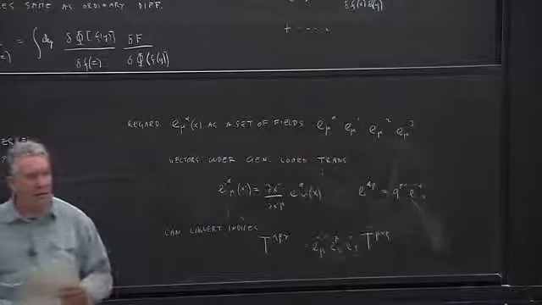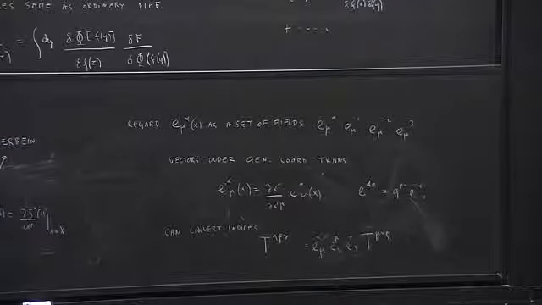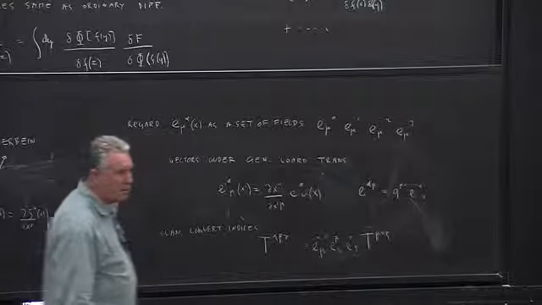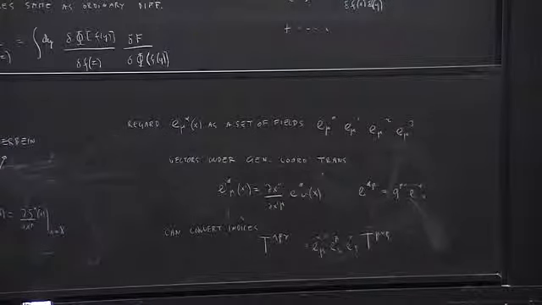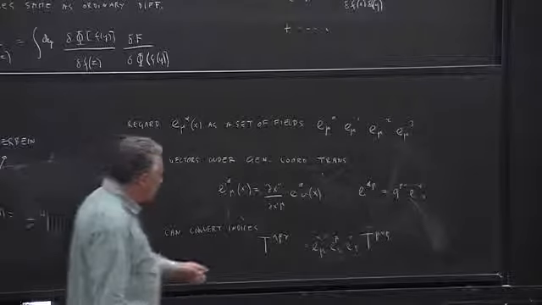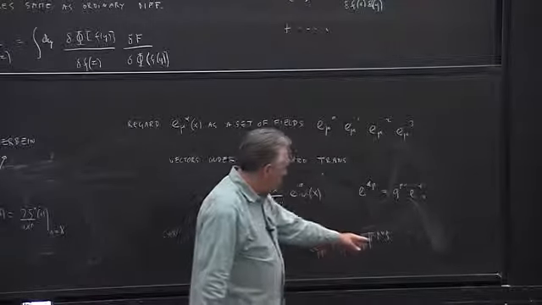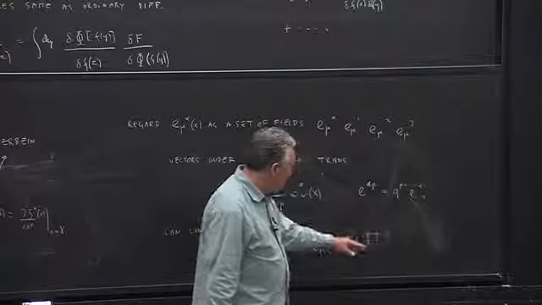So I'm using the beginning of the Greek alphabet, alpha, beta, gamma, and some authors use the Latin alphabet ABC to refer to the Lorentz part of the story, and the middle of the alphabet, mu, nu, rho, to refer to the usual general covariant part of the story. And I can use a Vierbein to convert one of these indices. So this is the tensor under general coordinate transformations.